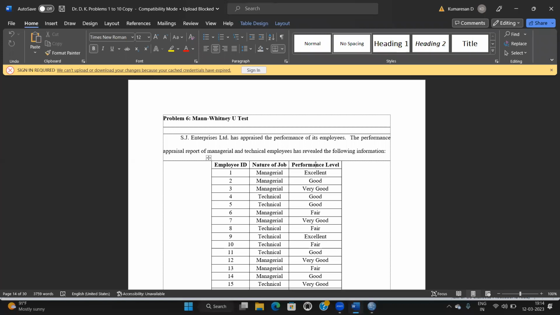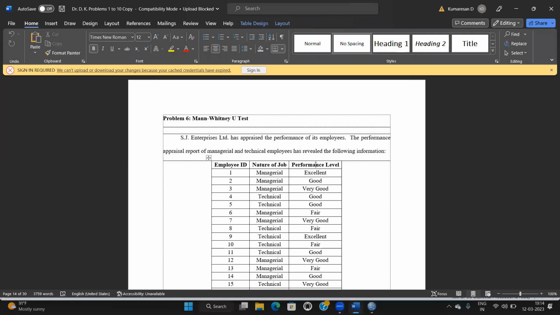Why? The purpose of both the tests is the same. Number of categories, 2 only. The only difference is with reference to data. If the data is given as scale data, you can apply independent sample t-test.